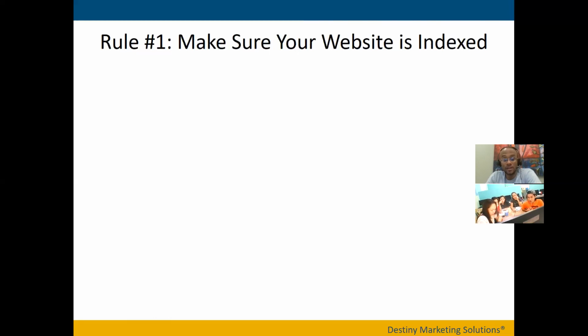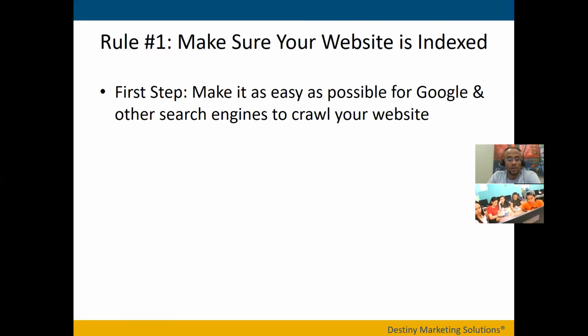And really the reason why you have a website probably is that you want people to find it. You want people to read your articles. You want people to look at your pictures, look at your videos, and so forth. So that's why it's very important that your website is indexed. The first step in doing that is making it as easy as possible for Google and other search engines to crawl your website.